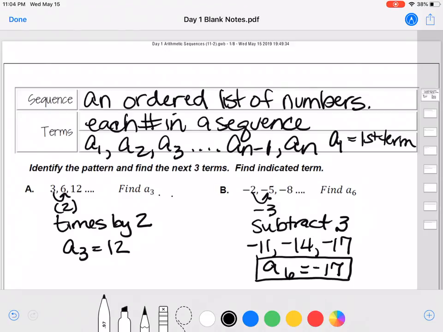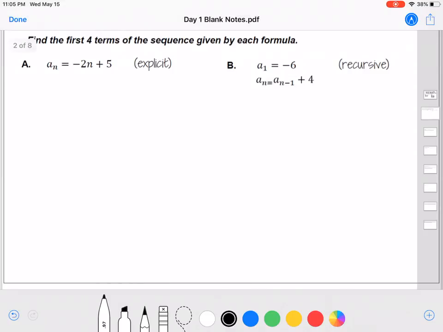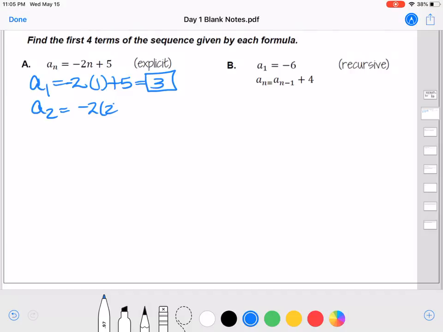All right, let's take a look at the next thing. It says find the first 4 terms defined by each formula. So with an explicit formula, if you want a sub 1, you just put 1 in for n. So a sub 1 equals negative 2 times 1 plus 5, which makes the first term 3. Then a sub 2 is negative 2 times 2 plus 5, which would be 1. And you would continue this pattern.